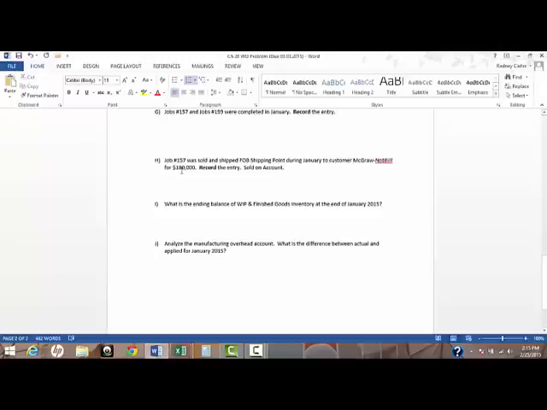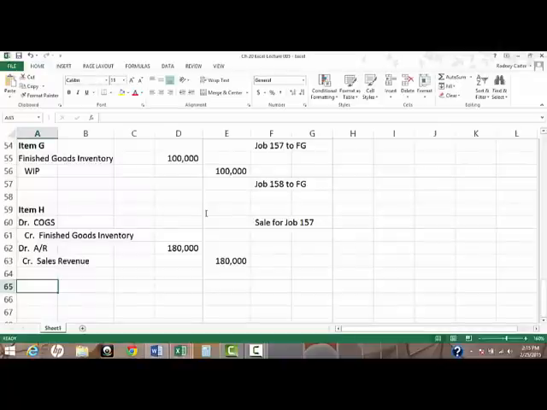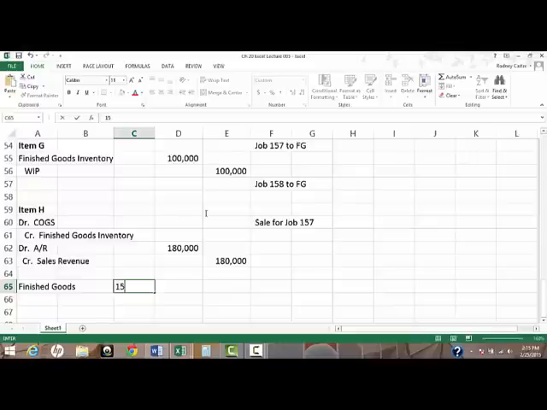Now, let's move to item I. What is the ending balance of WIP and finished goods inventory at the end of January 2015? Well, finished goods, we have job 159 in finished goods, and in WIP, we have job 158.